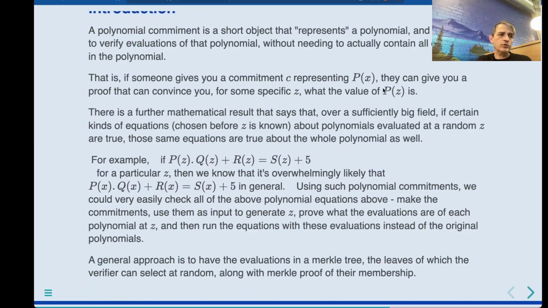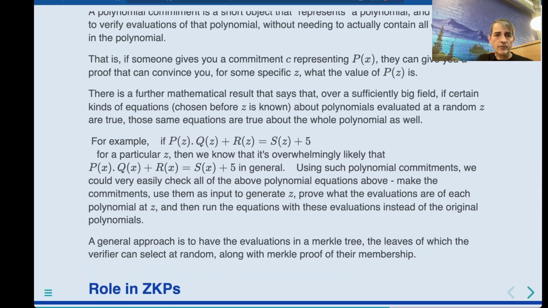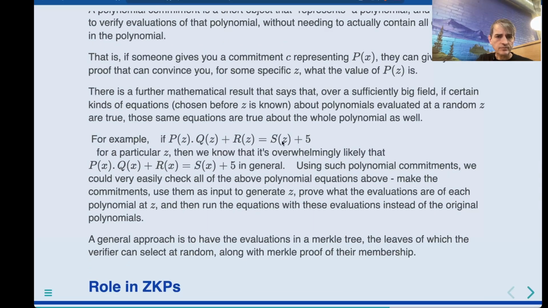And coming back to some of the ideas about succinctness and ease of verifying things, one point that we have is shown by this equation here. If you imagine we have an equation with some polynomials, we've got 4 polynomials here, P, Q, R, and S, and we say that we found some value of Z for which P(Z) times Q(Z) plus R(Z) equals S(Z) plus 5.